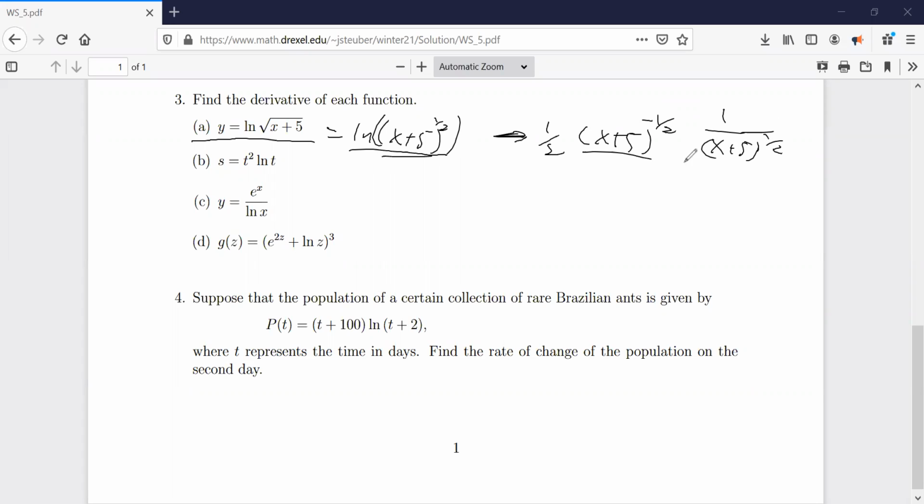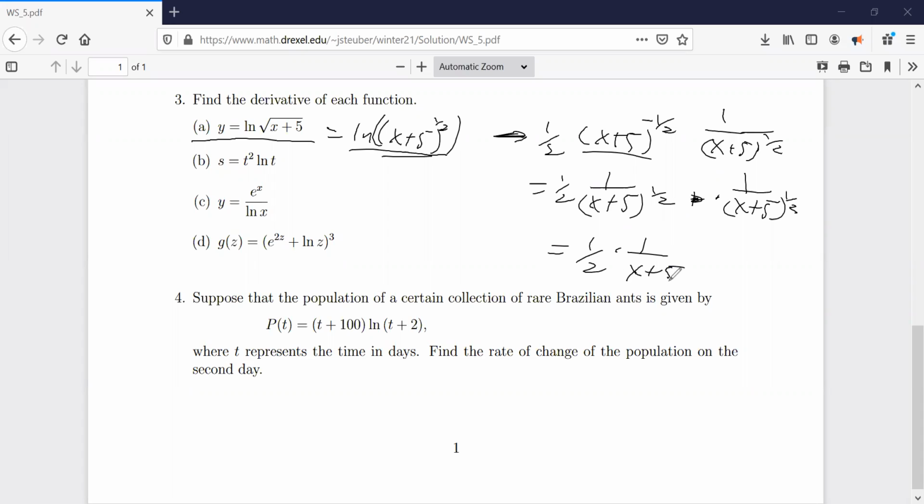But guess what? That's the same thing as this, so that's equal to 1/2 times (x plus 5) to the negative 1/2 times 1 over x plus 5. So that is the more brute force way to do it.